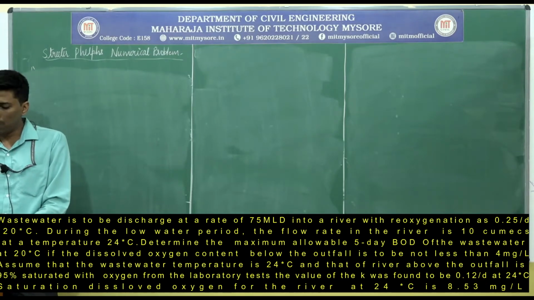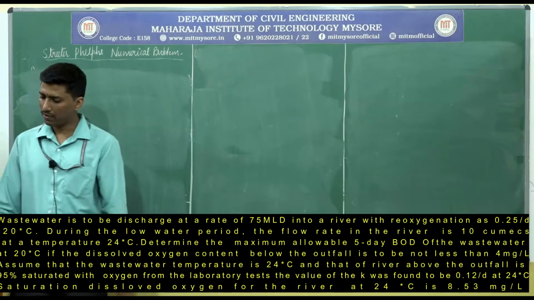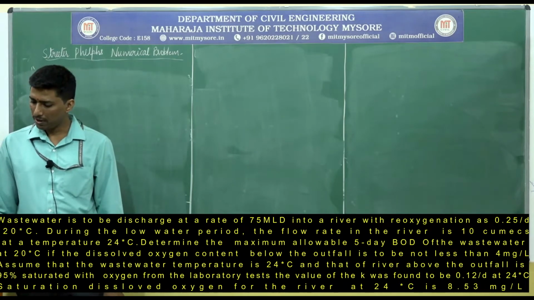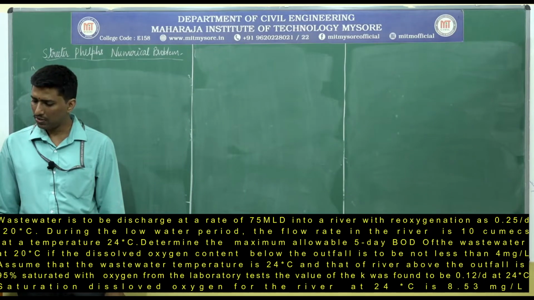During the low water period, the flow rate in the river is 10 meter cube per second at a temperature of 24 degrees centigrade.